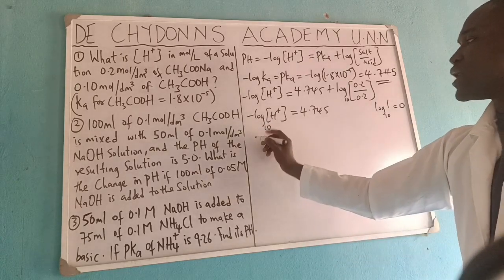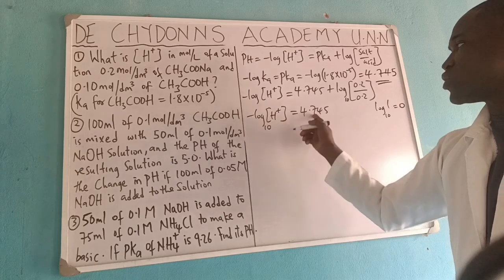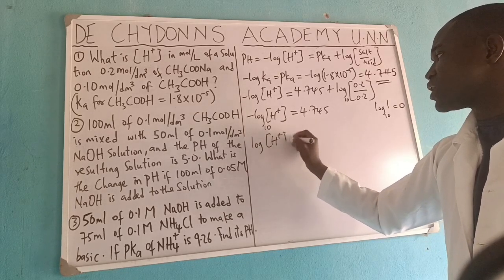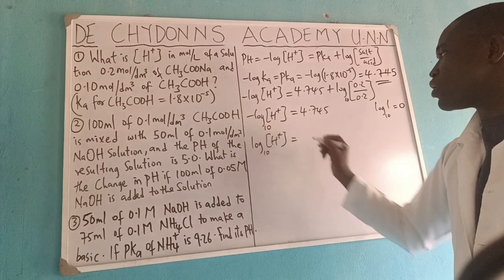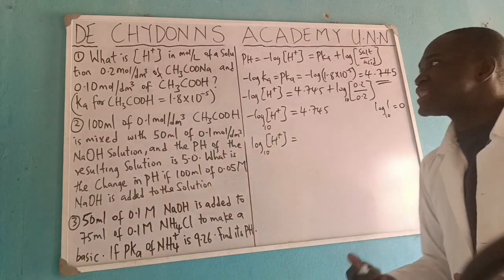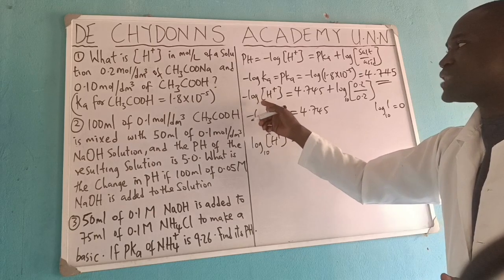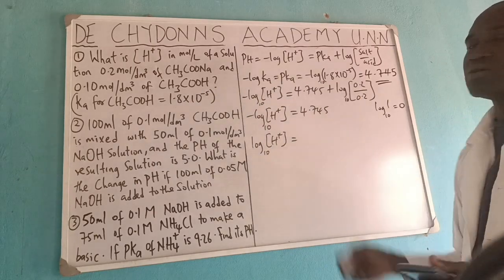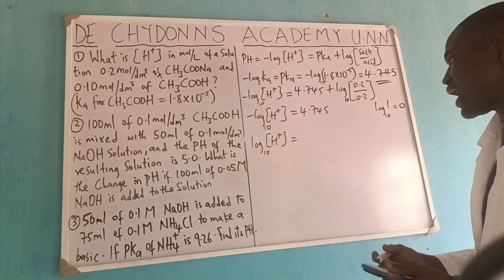Now, I will take this minus to the other side. It will be log hydrogen ion concentration in base 10 equal to. So that means anytime you see ordinary log without a base, it means it is in base 10. Just have that secret at heart.